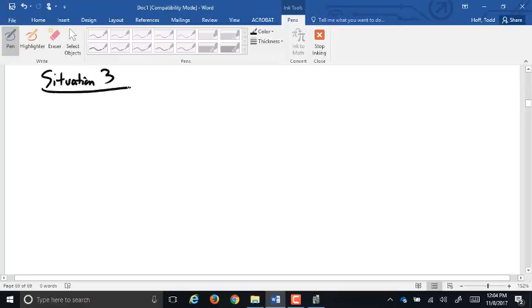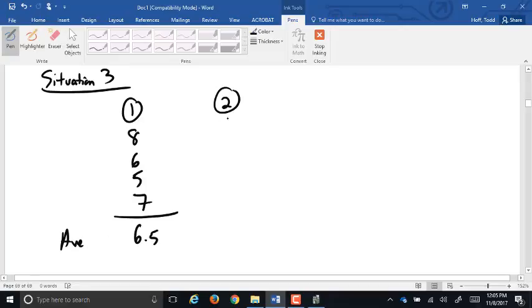And they have those 3 cars there that all have their ratings set out. And then they've done an average for each. Car 1 had ratings of 8, 6, 5, and 7, which gave an average of 6.5. You guys remember how to find an average, right? Just add them up and divide by, there's 4 there.